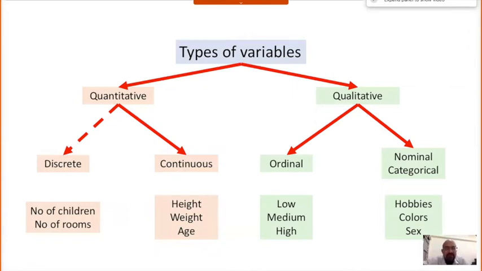Now coming to types of variables, the same slide that we saw at the beginning of this. Remember this, four kinds of variables: discrete, continuous, ordinal, and nominal variables. Now, if we go further from here, this will tell us how to determine which statistical test to use.